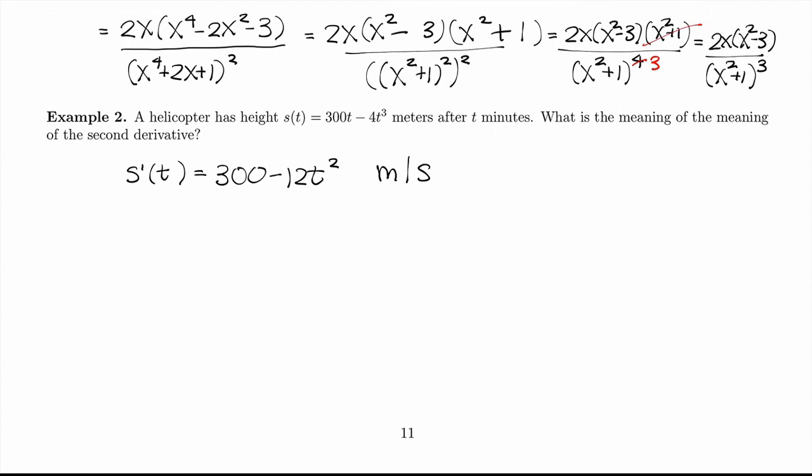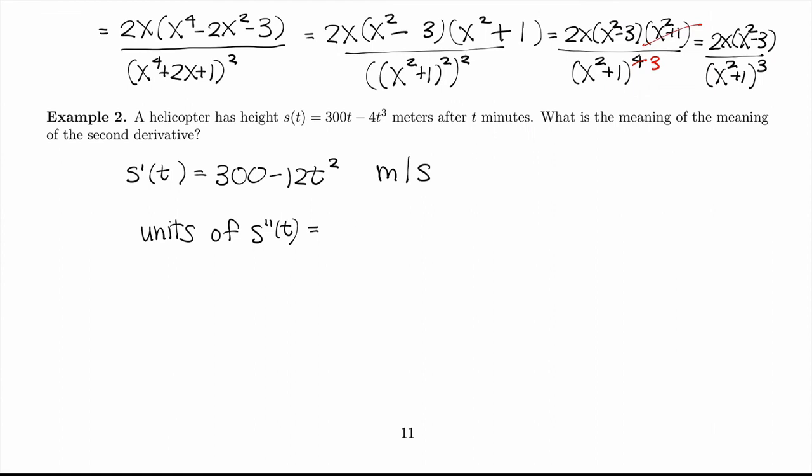So let's think about the second derivative. The second derivative is the derivative of the derivative. So the units of the second derivative, just relate that back to what we talked about with regular derivatives.